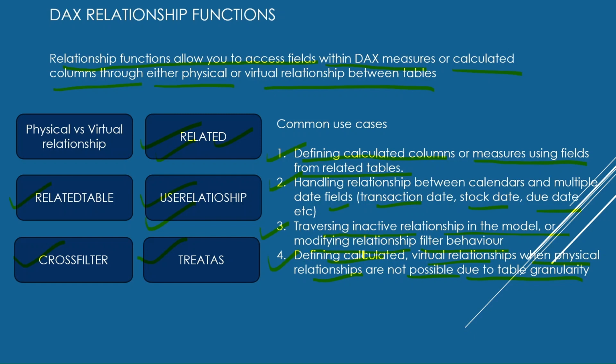But during the creation of a measure or a calculated table, we want a relationship between these two tables, and these two tables don't have any relationship in the data model. Then with the help of the TREATAS function, we can create a virtual relationship between these two tables.